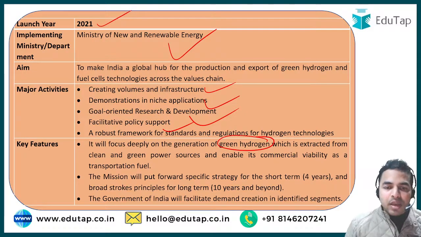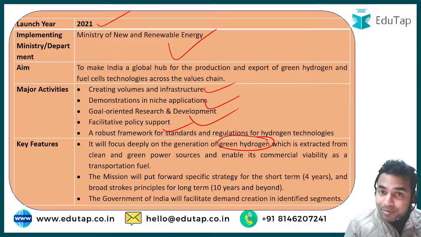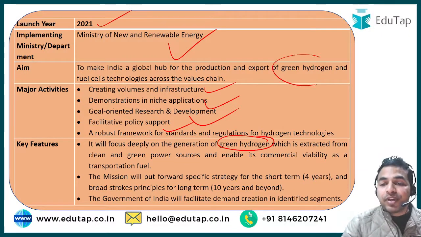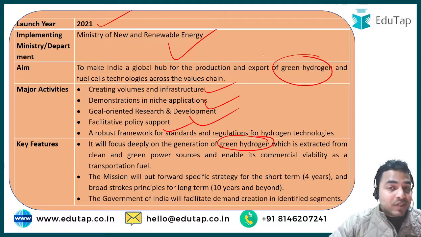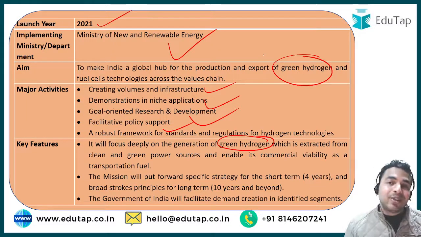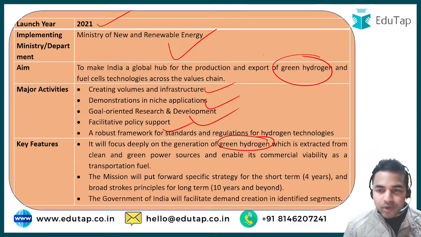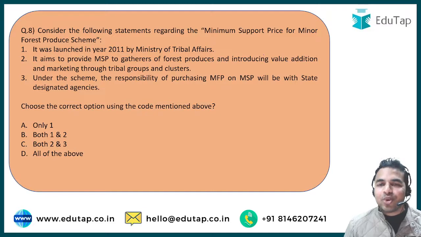Obviously it is going to focus on green hydrogen, as the name suggests, it is the National Hydrogen Mission, and the aim of it is also making India a hub for the export of green hydrogen. So I really believe that this mission is very much clear to all of you: why it has been launched by the government of India, what the key features are, and what the different activities are which will be undertaken under it. We have discussed all of them, and now let's move on to the next question.